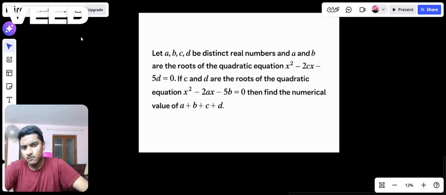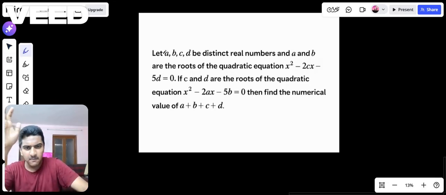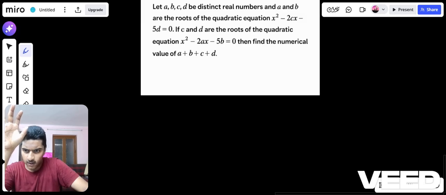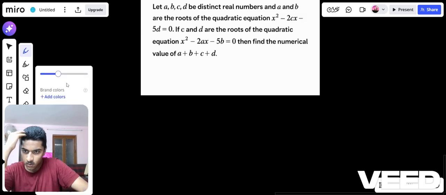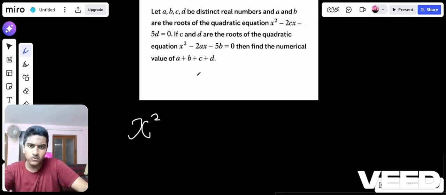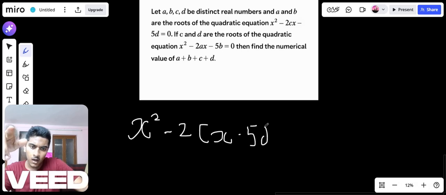After reading all this, a, b, c, d are distinct real numbers, and these are the roots. Let me write the equations once again. Sorry, let me use a thicker pen. So the equation is x squared minus 2cx minus 5d equal to 0, and the roots of this are a and b.